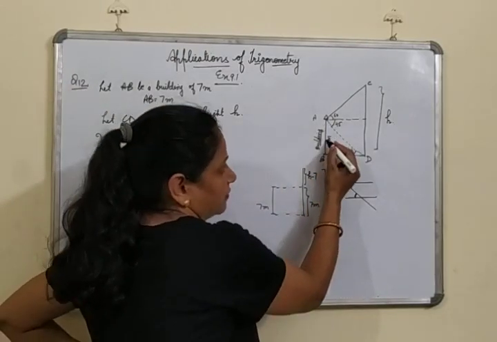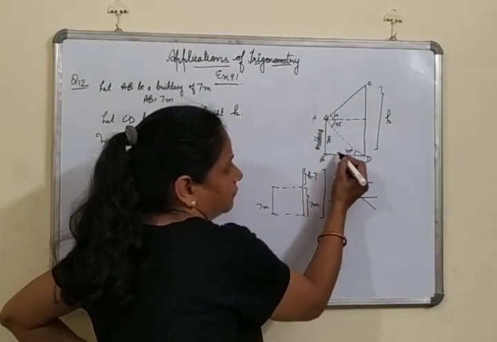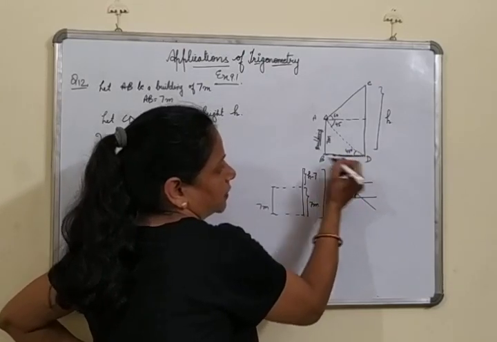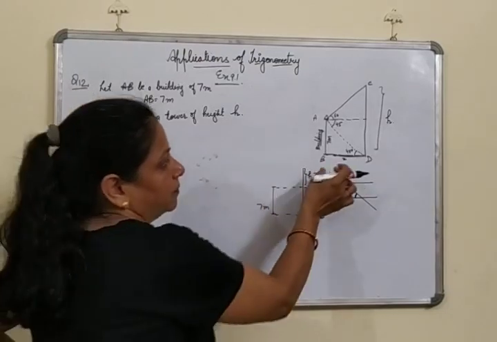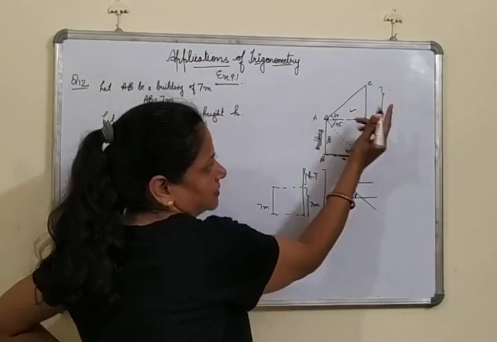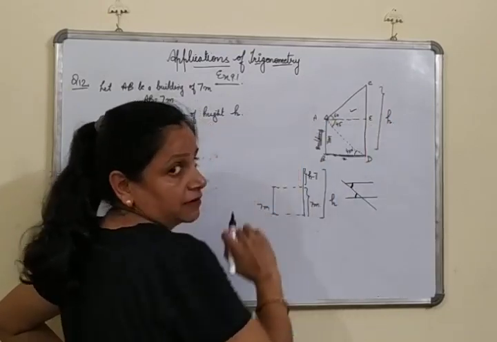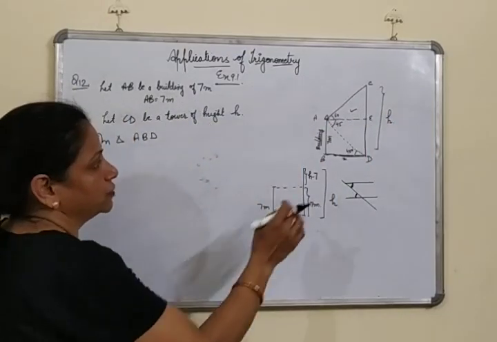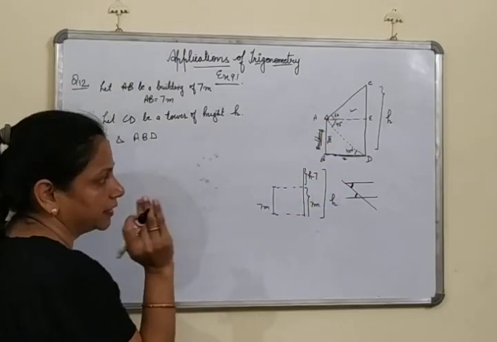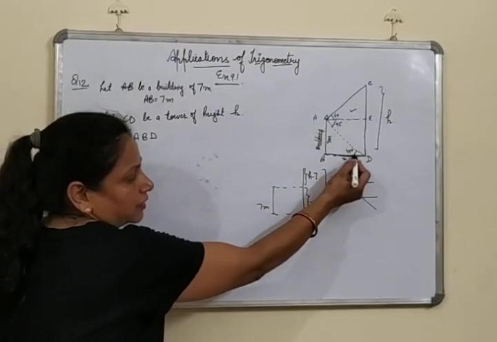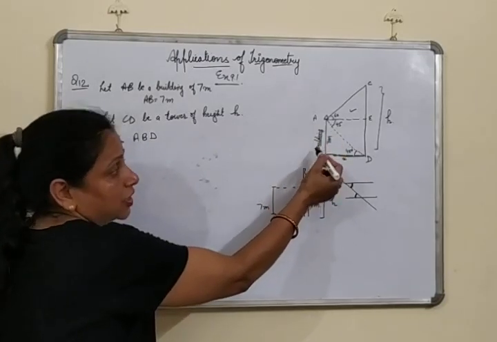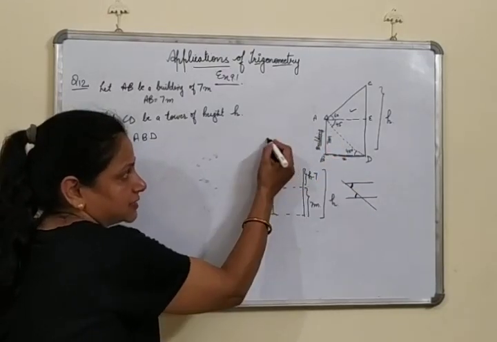We are given this 7 here and we are given this angle 45. If we calculate this BD from here, right, then that BD can be used for this triangle also, because that BD will be same as this. Let it be E, AE. Okay. So what we will be doing, we will be finding BD from triangle ABD. Now this is the angle over here. The side opposite to the angle is always the perpendicular. Now this is perpendicular, this is your base.